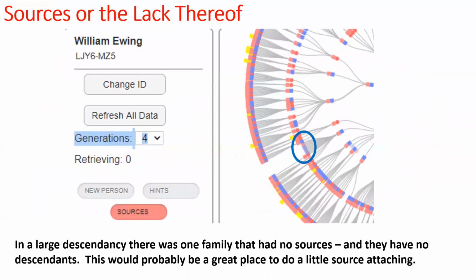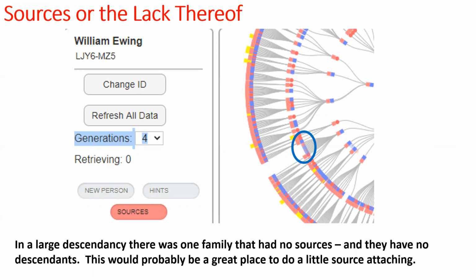Okay, now sources. You can also click on sources to see if people have sources or not. In most cases, most everybody has a source. But occasionally you'll find people like this in the circle here, where there's a whole family that apparently nobody's done any sourcing on.